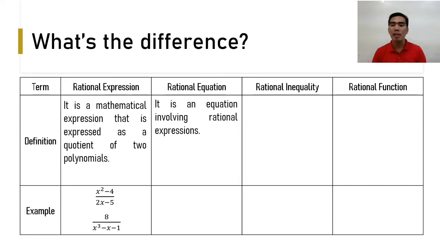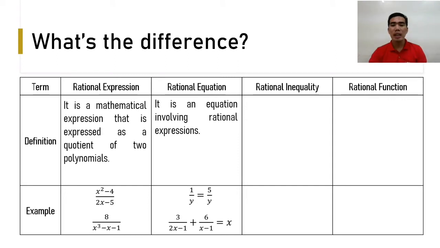We can limit this to 2 rational expressions so you won't have difficulty in finding the value of our variable. Take note, we are finding the value of the variable, so that's why we have a rational equation. Here are examples of rational equations.